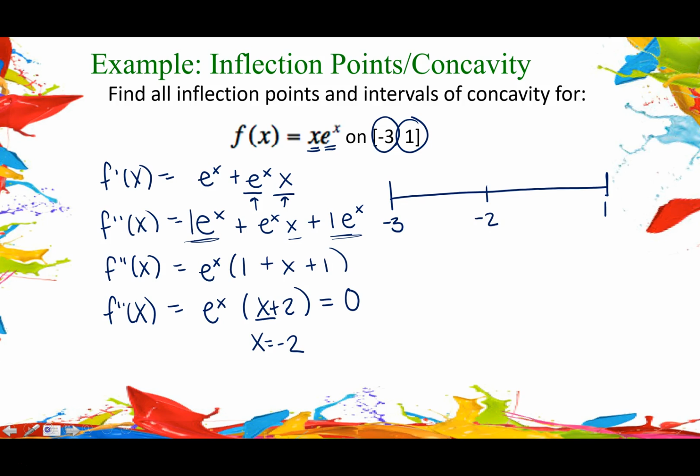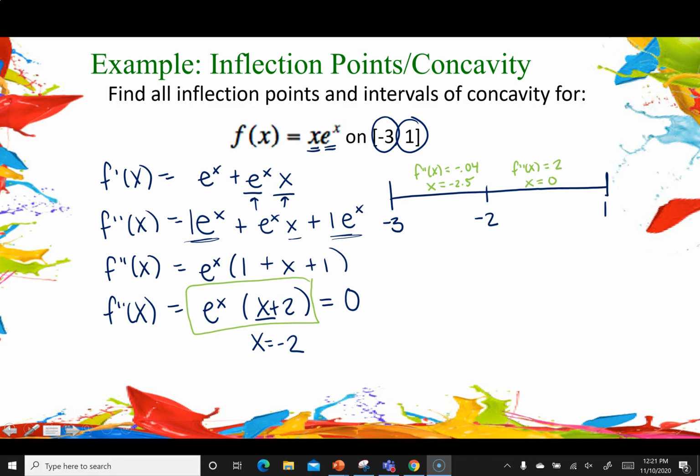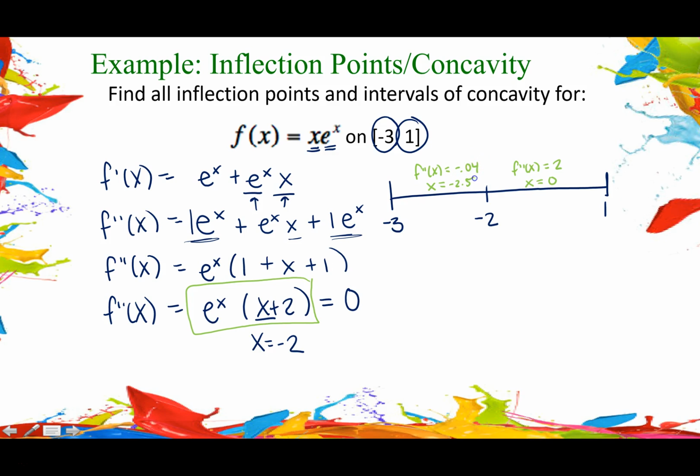So now let's plug in x equals, let's say, -2.5. And here we'll go with x equals 0. Remember, we're plugging into the second derivative. So we're plugging into this right here. Let me get my answers for you. All right, when I plug -2.5 into the second derivative, I get -0.04.